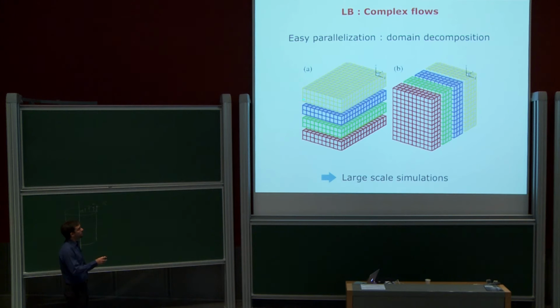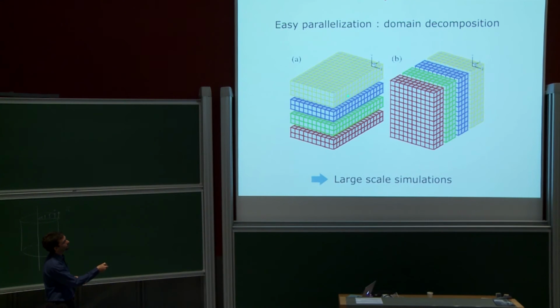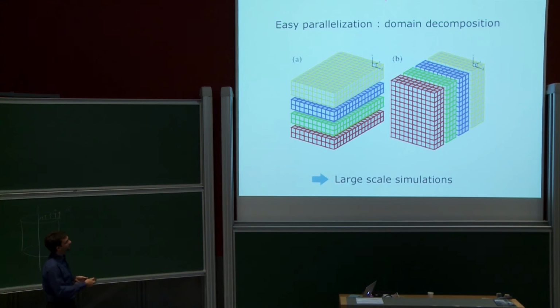And the only communications that you will need between the domains involve the populations at the boundary of your domain, because inside each domain you can proceed as if the rest of the world didn't exist. So you use the plain Lattice-Boltzmann algorithm, and then the only thing you need to communicate to the rest of the world is the populations of particles that wanted to leave towards the neighboring domain, and the populations of particles that want to come back to that domain.